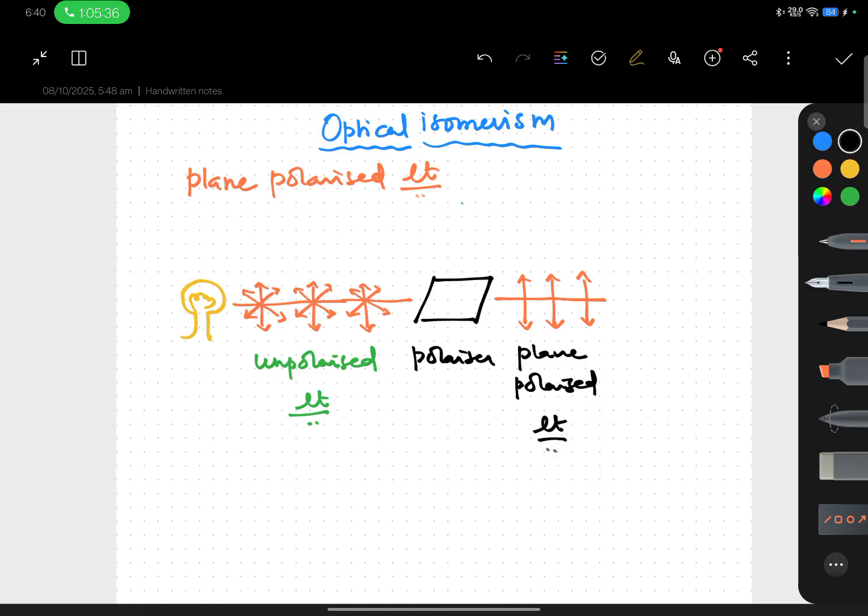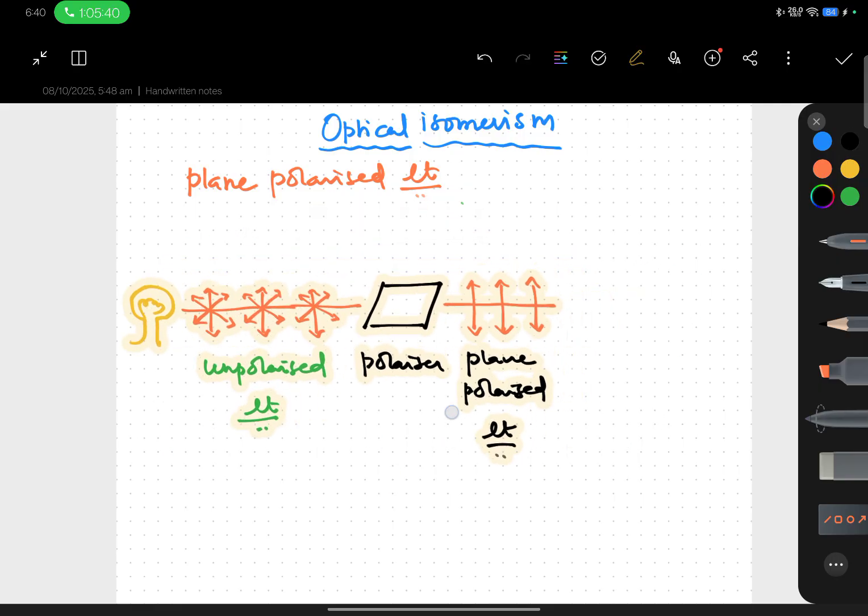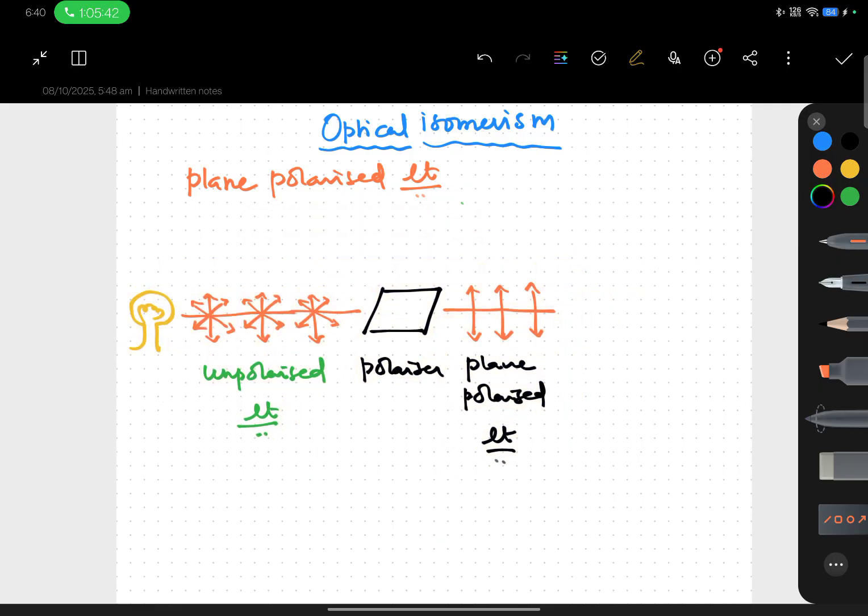So you take this plane polarized light and you can pass it through various solutions.